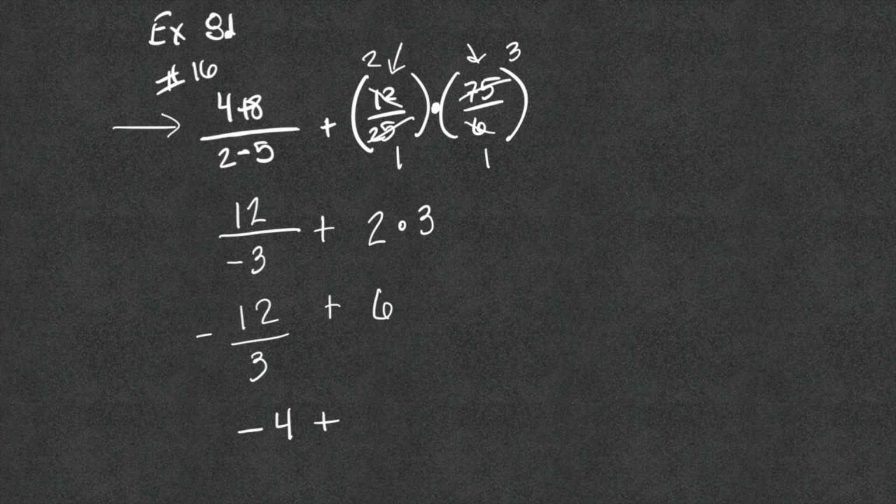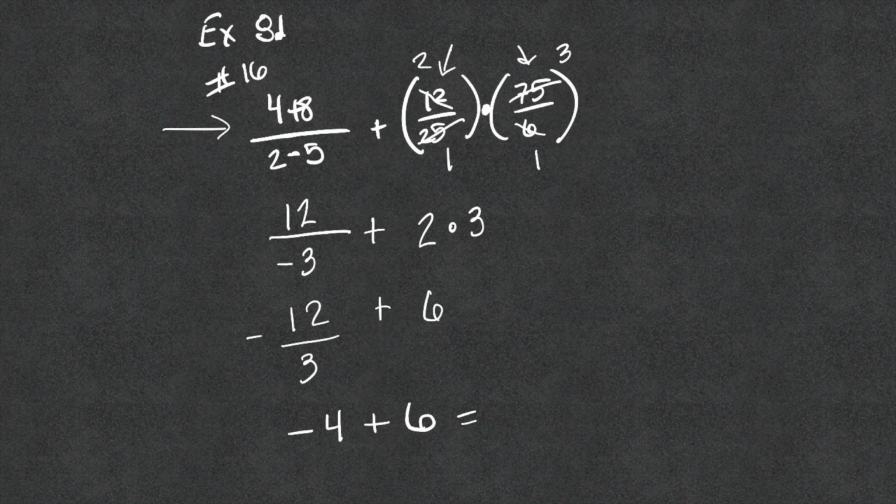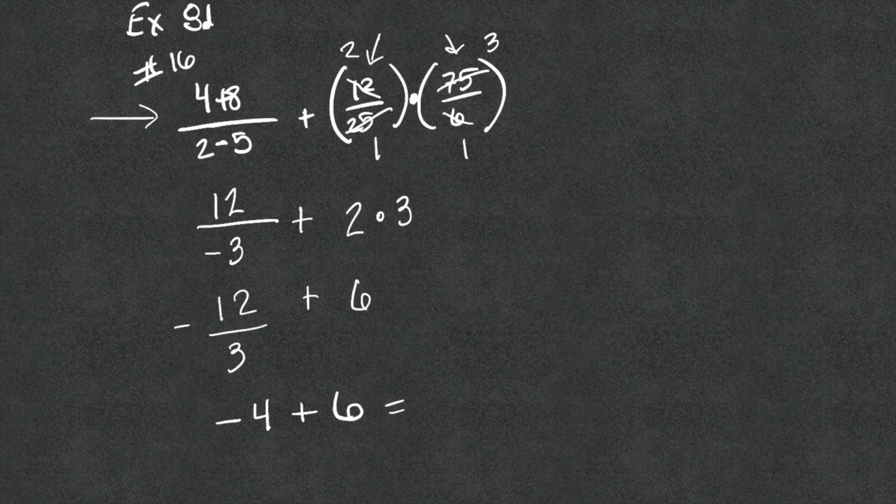So now I have a negative 4 plus 6, which leaves me with, now here the positive number is greater, so I know my answer will be positive. So it leaves me with a 2. And that's my final answer for number 16.